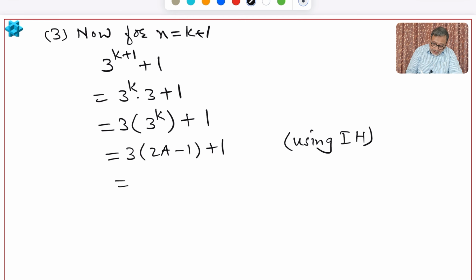Now open the bracket: 6a minus 3 plus 1 will be 6a minus 2. 2 can be a common factor, so 2 into (3a minus 1).